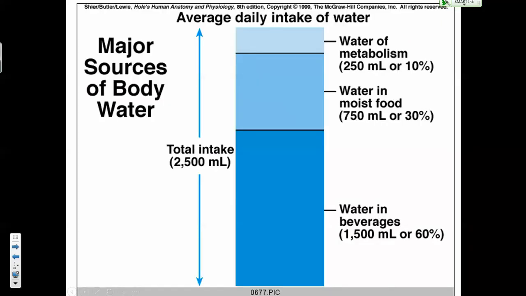Okay. So this is just another chart. It's showing that the bulk of what you get when you get new water in you is from what you drink. Okay. You don't have to know the exact percentages. Just know the main one is through drinking.